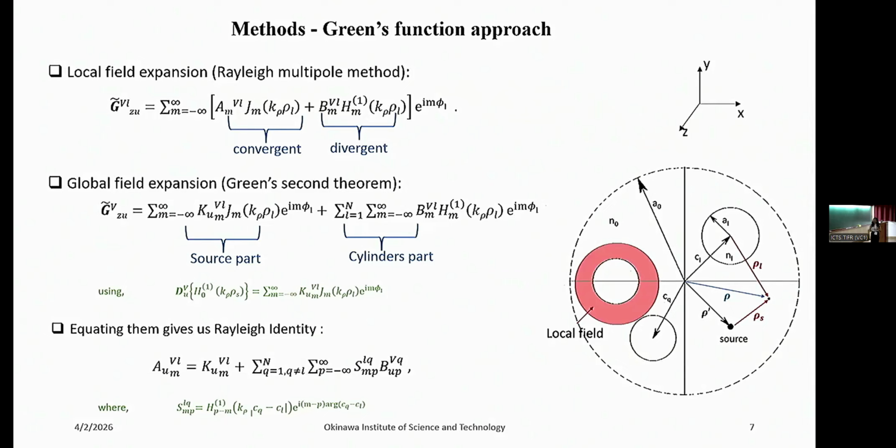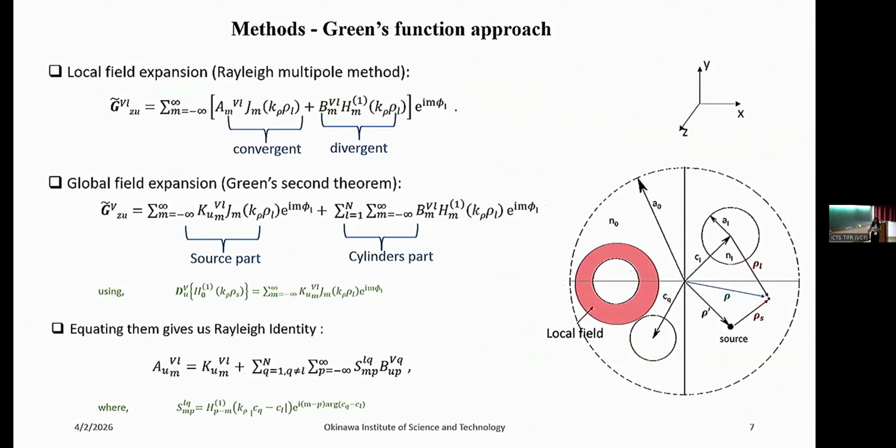And the other way to write it is using Green's second theorem, which is valid at any point in space, and it is the sum of the field coming from the source and the field scattered from all the cylinders. So both of these should be valid in this annulus around each cylinder.